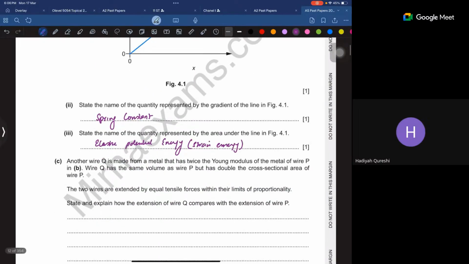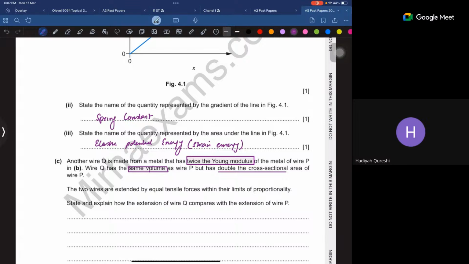Then it says another wire Q is made from a metal that has twice the Young modulus of metal P. Wire Q has the same volume as P, but double the cross-sectional area of P. Interesting. The two wires are extended by equal tensile forces within the limit of proportionality. State and explain how the extension of Q compares with P.